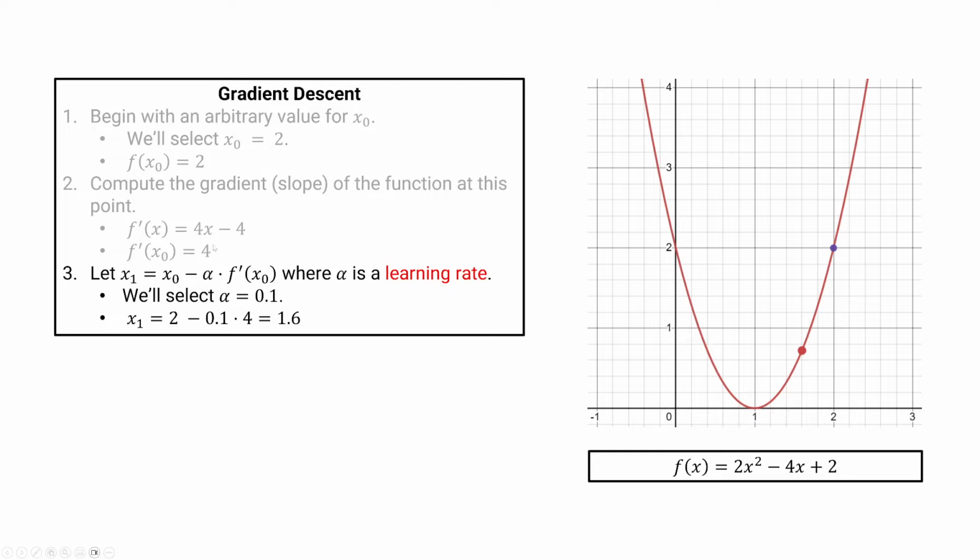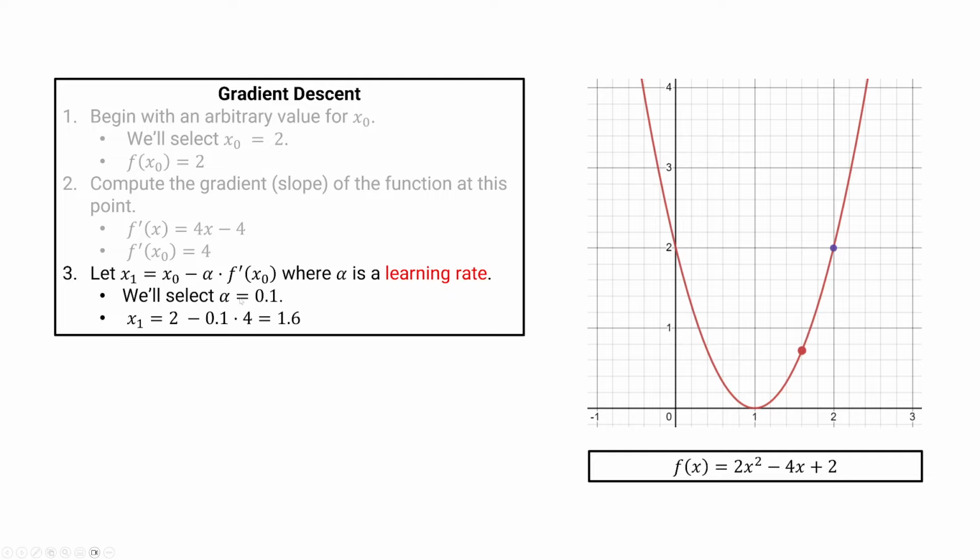If we did, we would subtract off 4, and 2 minus 4 would get us to minus 2, which would overshoot the minimum by a great deal, and we probably don't want to do that. This is why we introduce a learning rate in the gradient descent algorithm, where we want to take smaller steps in the direction of the slope. So what we're going to do is assign some value here.